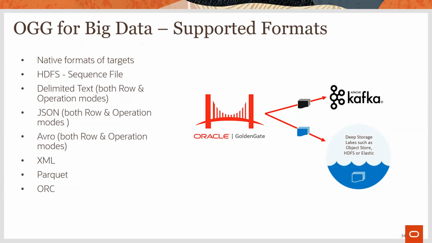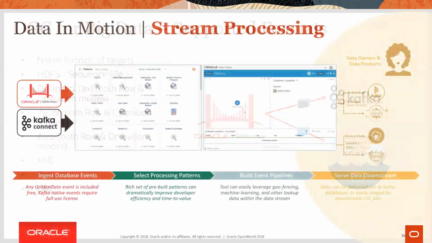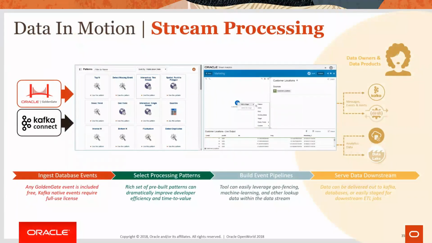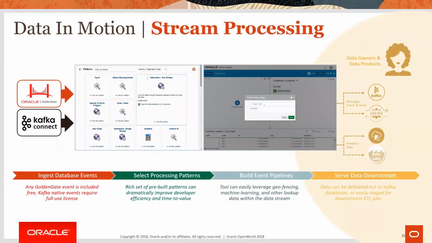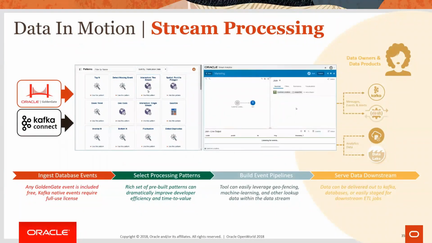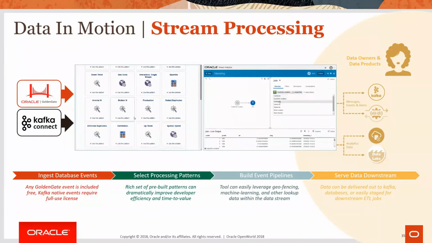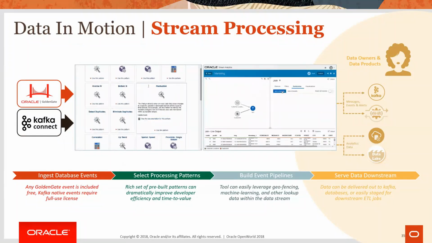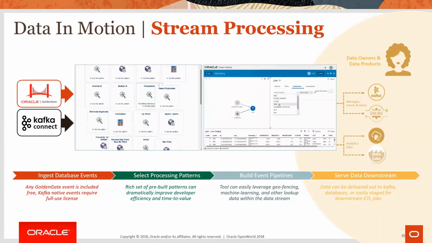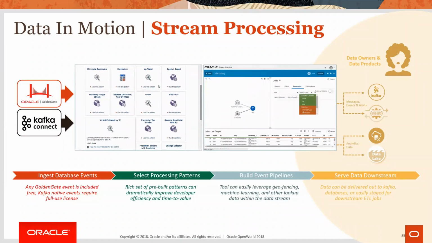It can also support XML or Parquet for compressed formats, etc. So a lot of different file formats depending on your preferred big data target. And then we also support the stream processing. So we're not only landing the data into the big data environment, we're also allowing you to do the ingestion and the processing of the data as well.